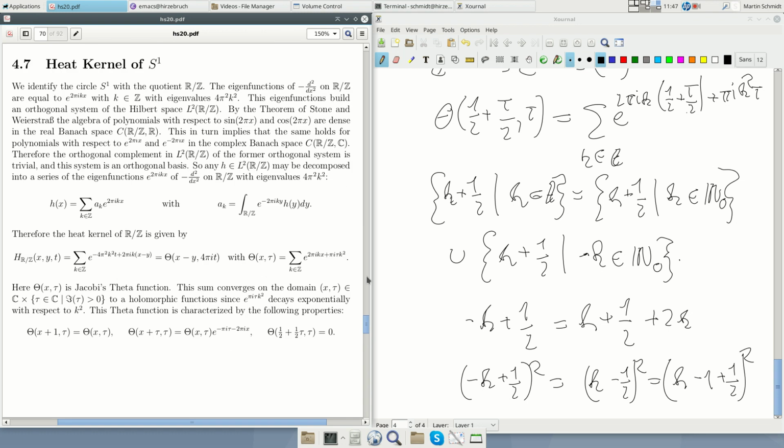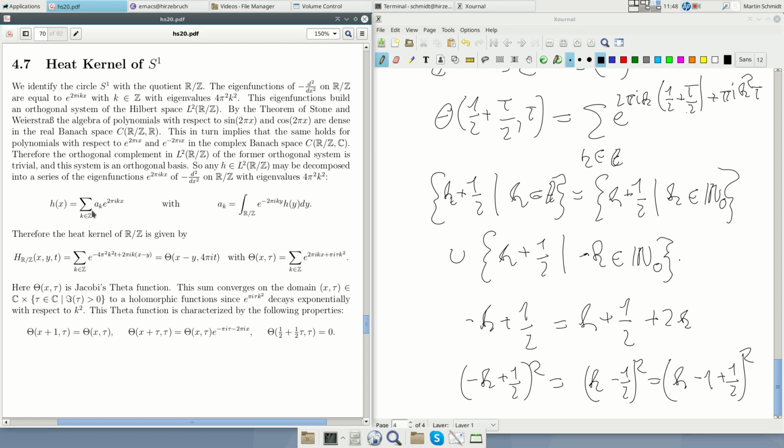What we have done in this section: we introduced the circle, described it as the quotient space of the real line divided by the integers, and then with the Laplacian. On this space we can easily decompose any function in the Hilbert space of L2 functions into a sum of eigenfunctions of the Laplacian.